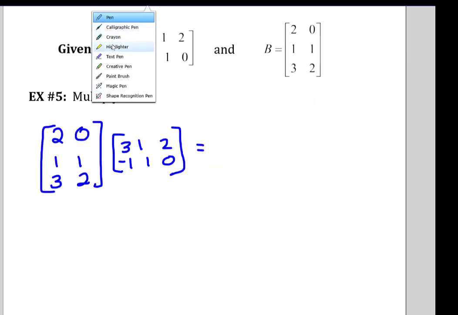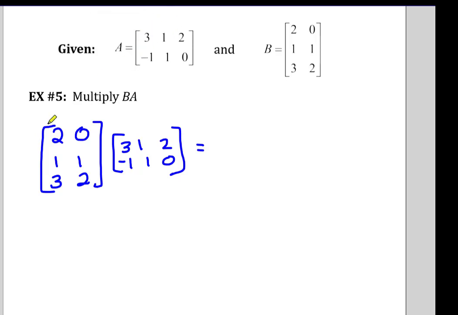Okay, let's try this again. So we want B row times column A. Got to pay attention. So 2 times 3 is 6, and 0 times -1.